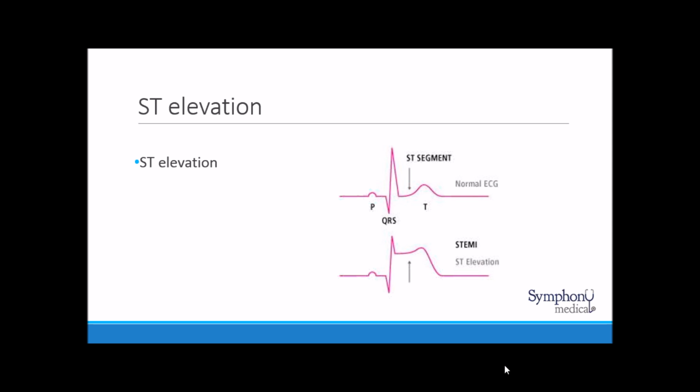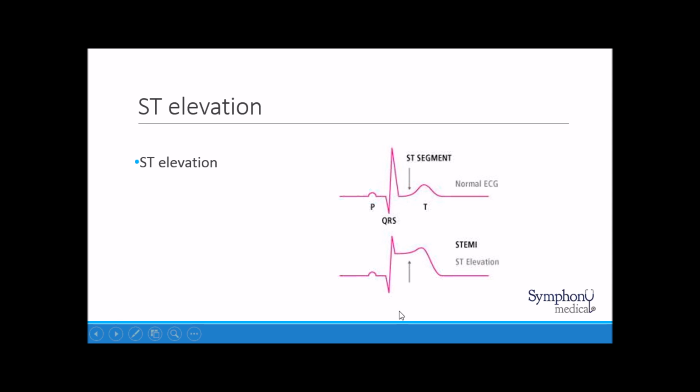What is the isoelectric line that you compare the ST segment to? Let me give you choices. Is it the line between the P wave and the QRS, the PR line, or is it something else? That's right. So it's the T to P segment, okay?